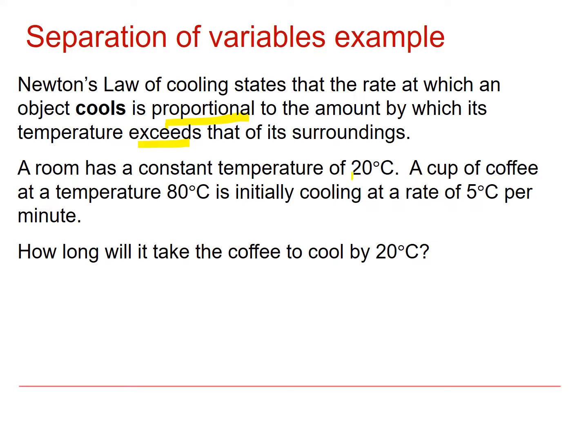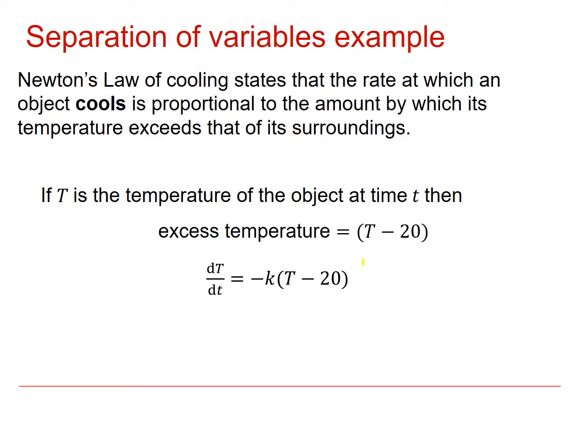We're told that the room has a constant temperature of 20. The cup of coffee is initially at 80 degrees C, and the initial cooling rate is 5 degrees C. So if the cup of coffee is at T degrees at any time, then T minus 20 represents how much higher than the room temperature that is, and the rate of cooling is proportional to that, so the rate of cooling is minus k.